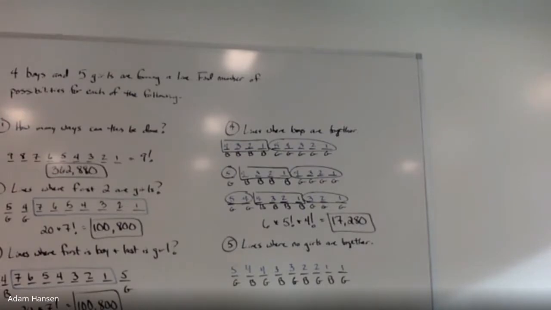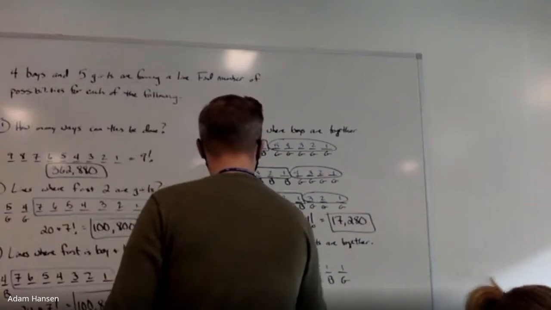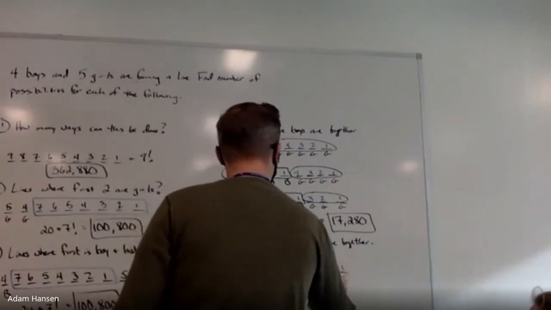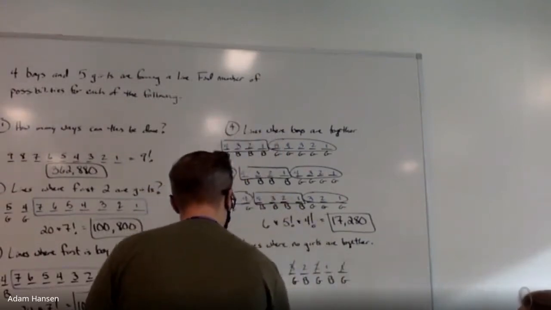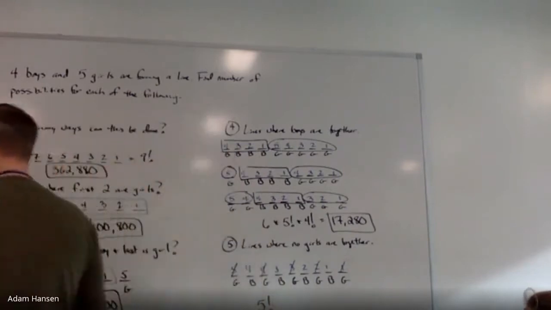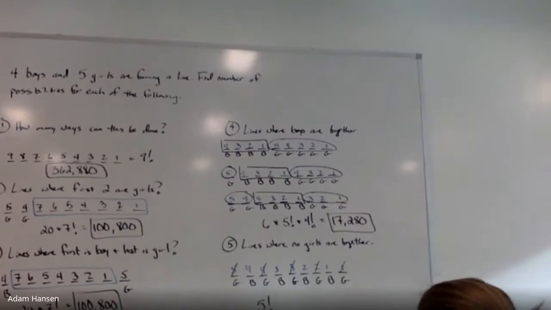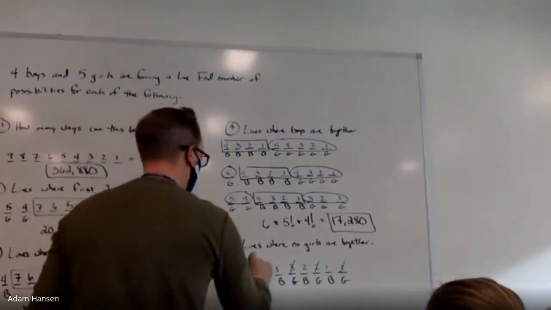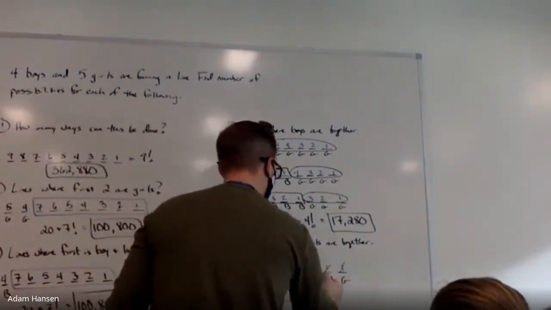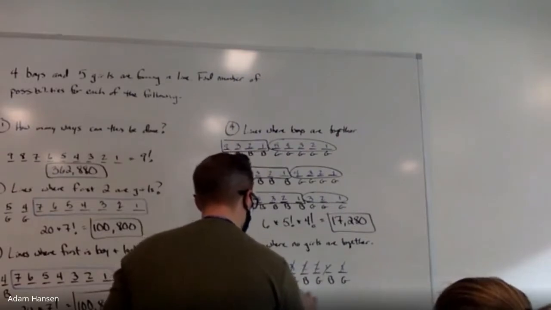Using factorial notation, what would that be the same as? Sure. 5 factorial, 5, 4, 3, 2, 1. 5 factorial for all the girls, and 4 factorial for all the boys.